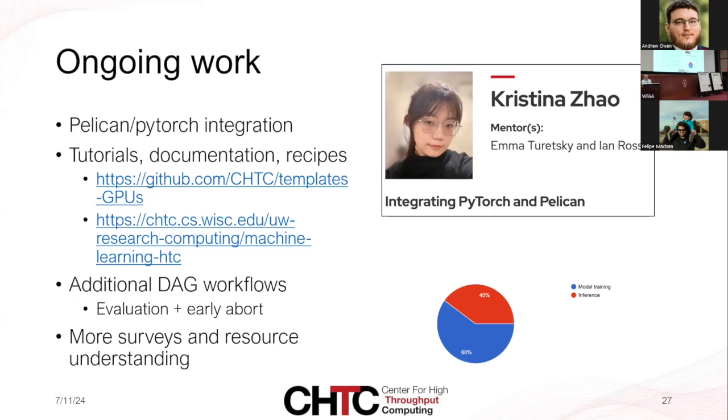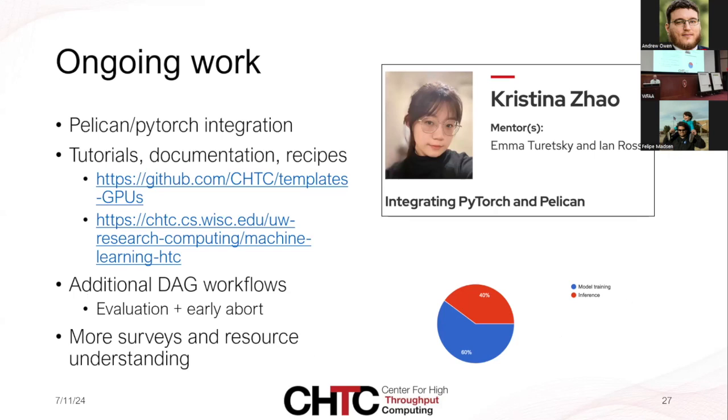Okay, now we're talking a little bit about some of the ongoing work. So Christina gave a talk Tuesday about ongoing work with integrating Pelican and PyTorch for more effective delivery of data for training processes. This summer, we're working on a refresh of a lot of our tutorials and documentation around machine learning and GPU-based workflows.